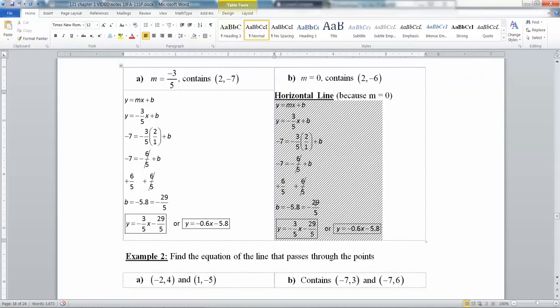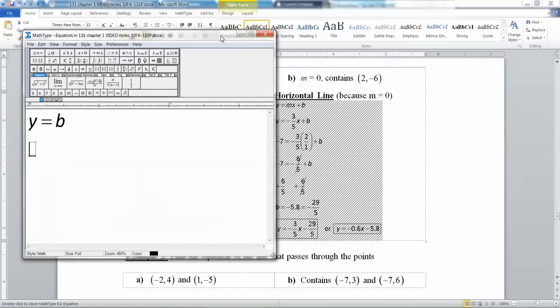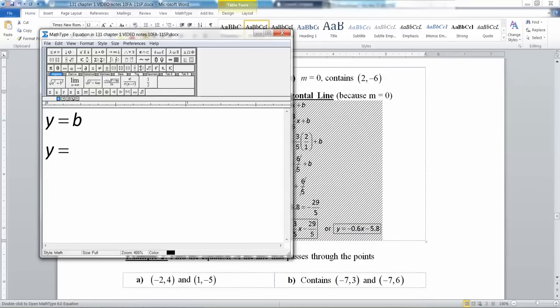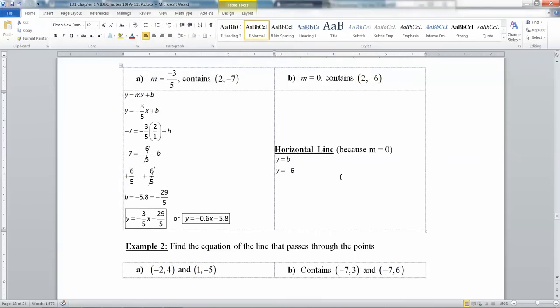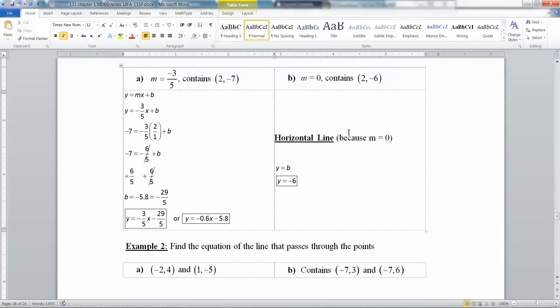When m is 0, that makes a horizontal line, which means our equation is very simple, y equals b. All you got to do is figure out what number it is and you're golden. Well, it's going to be y equals, now we got to go through this point 2, -6. So it must be the -6 that goes with that because that's the y coordinate for that line. So your answer is y equals -6. Done. That's all there is to it.